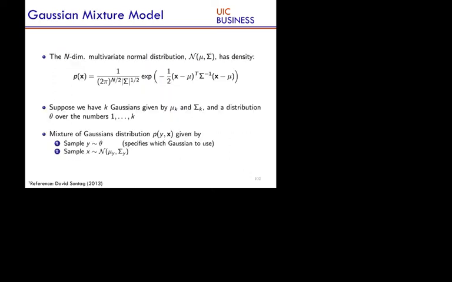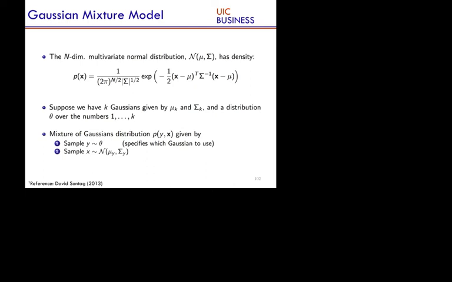Let's look at another, very simple model, the Gaussian mixture model. You have already seen the k-means method. The Gaussian mixture model is just a definition of multivariate Gaussians.